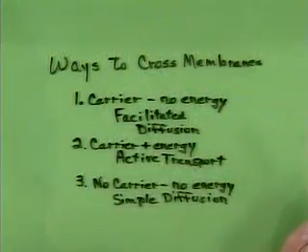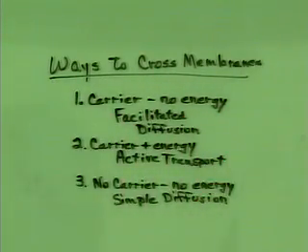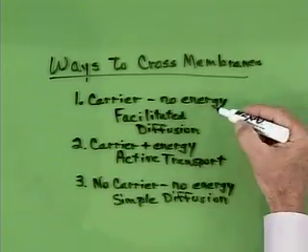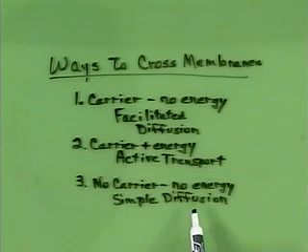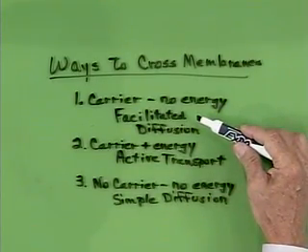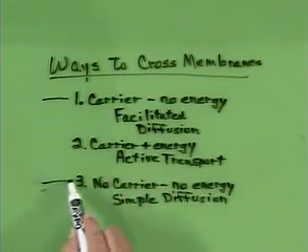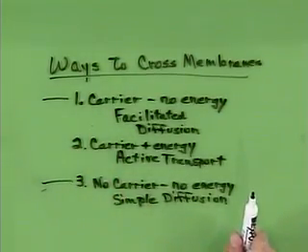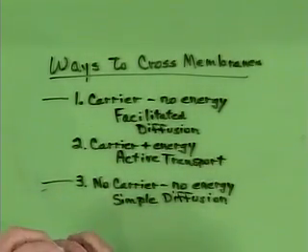Now let's go back to this overhead and take a look one more time at these three ways that we've mentioned here. Water basically crosses by simple diffusion, a process that we'd call osmosis. Glucose goes across the cell membrane by facilitated diffusion. Now both simple diffusion and facilitated diffusion only work based on concentration gradients.